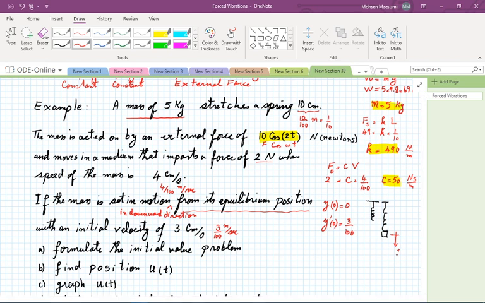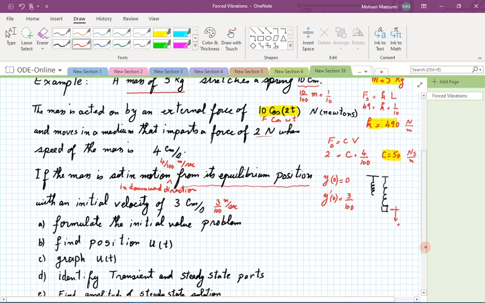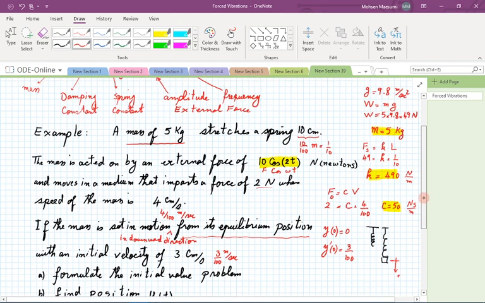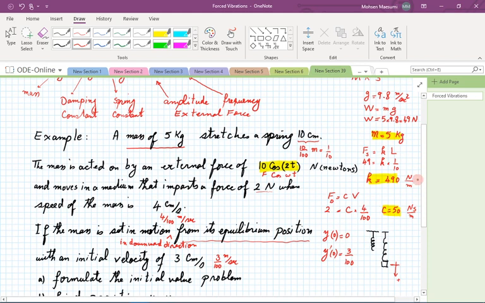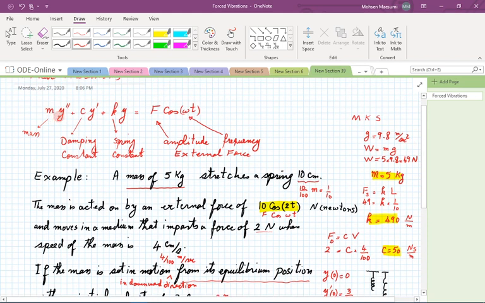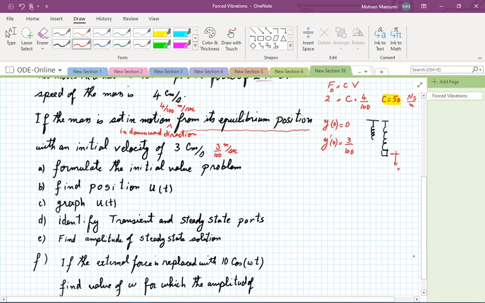Okay, formulate the initial value problem. So we got all the ingredients, and now it's easy to harvest everything we got. We had m, and all that means is you rewrite this equation for your case. So my m became 5, is that right?